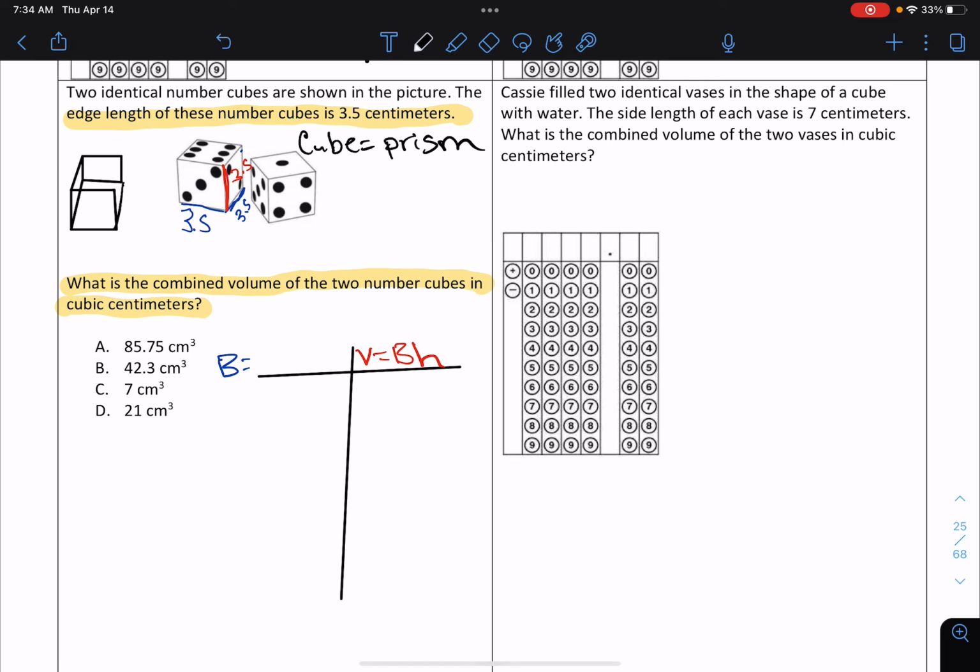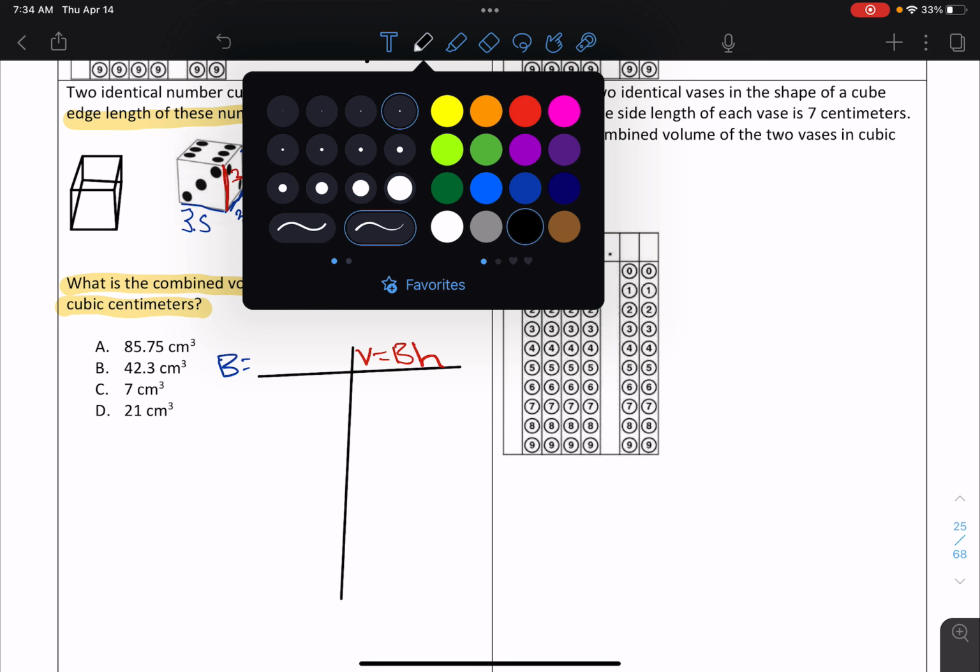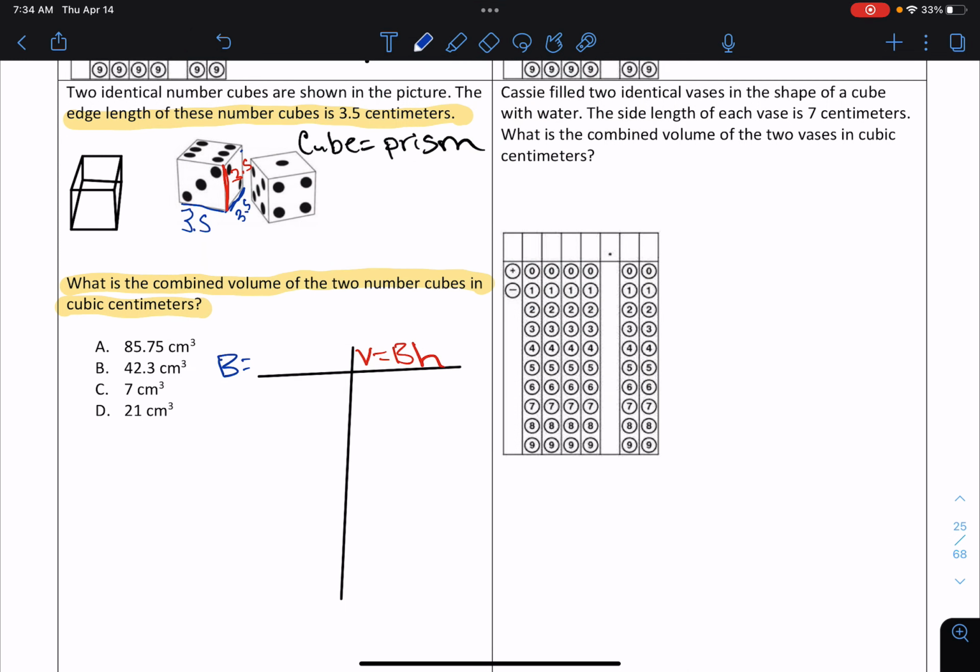Whoops, didn't connect. Okay. So what shape is our cube? Okay, so yeah, if you said our cube is a rectangle or a square, you are correct. So that means for the base, you're going to find the area of a square, which is the same thing as a rectangle.